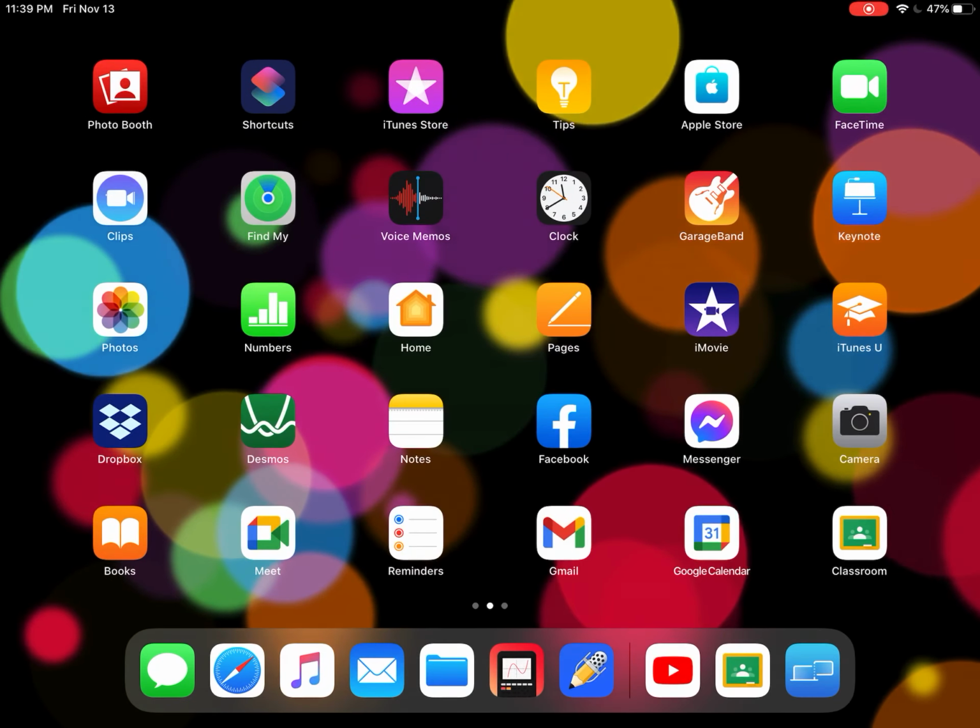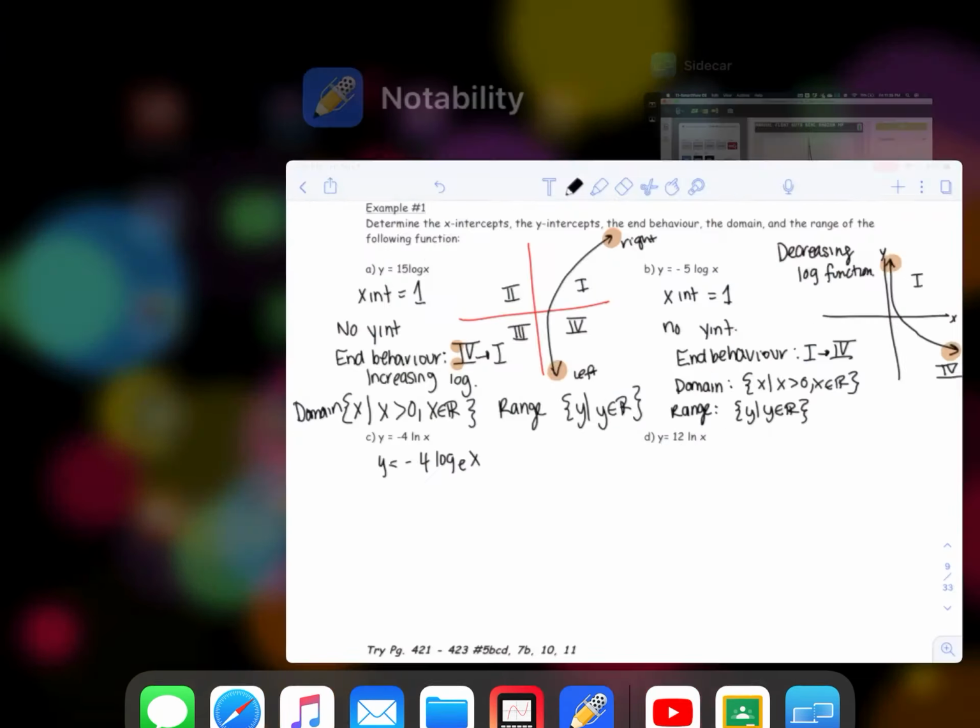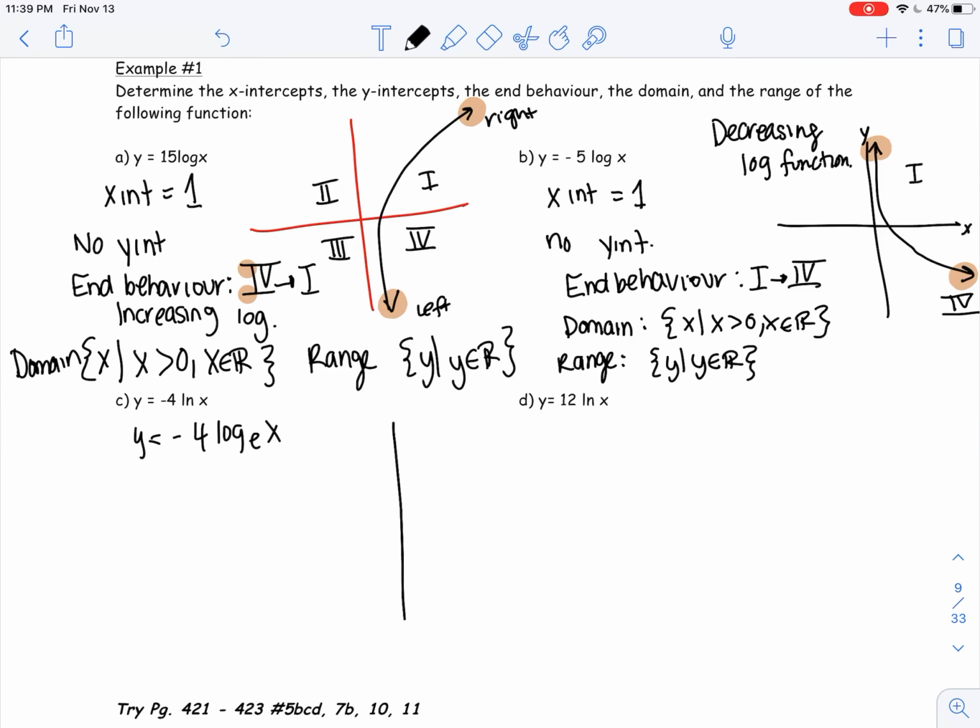Okay, so once you have this, I want you guys to go and sketch this. And fix that a little bit. There you go. So make sure you label your x and your y, and you have the arrows on either end.